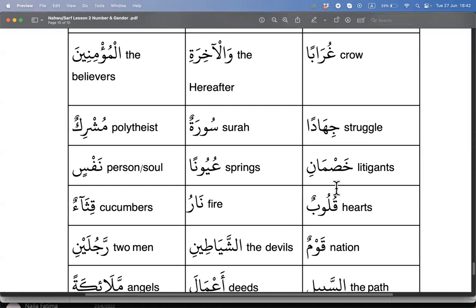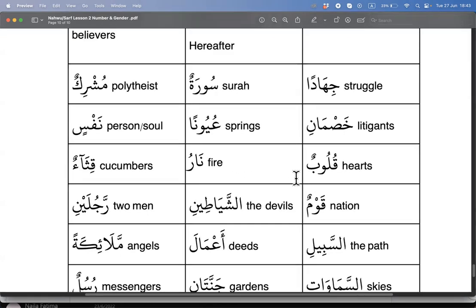Good. Khasmani. Litigants. Khasmani, it's rafa, dual, masculine. Good.